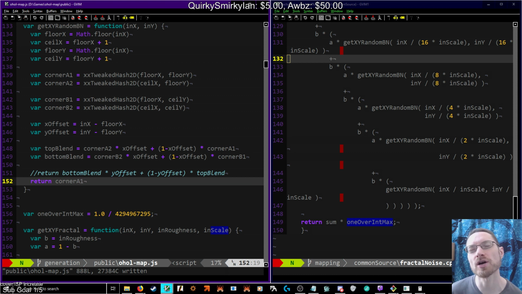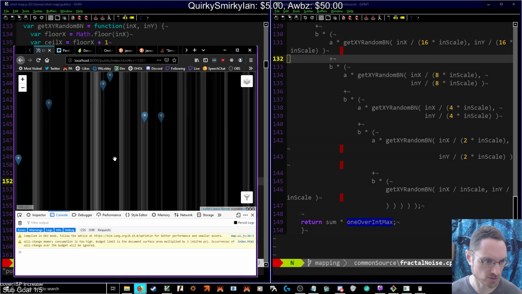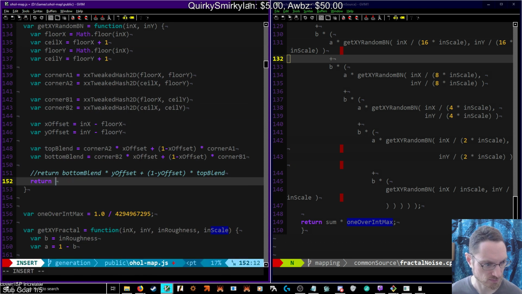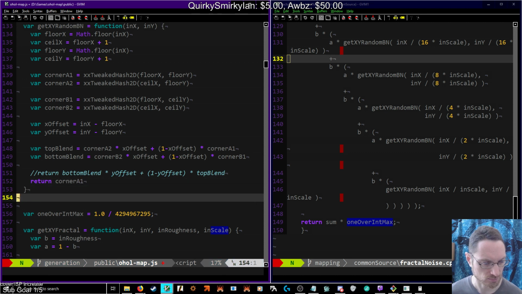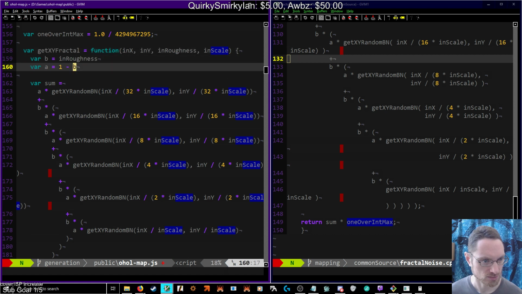Oh, but I guess if we're dividing the coordinates, that kind of makes sense. That would be all the floors. Well, that's not particularly any different. In X, in Y.